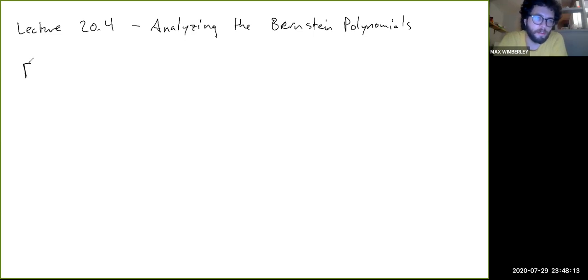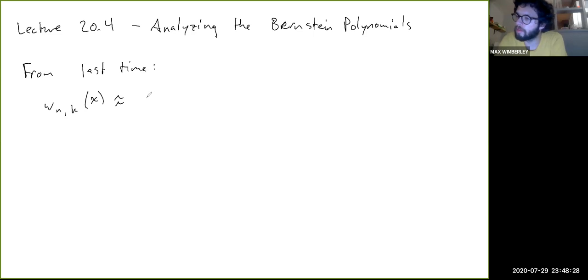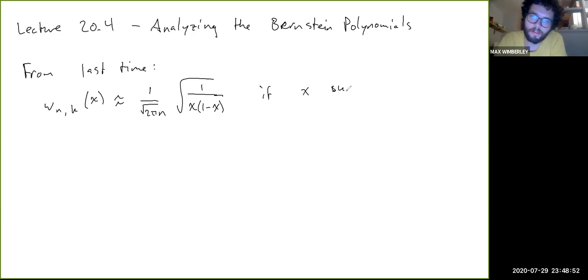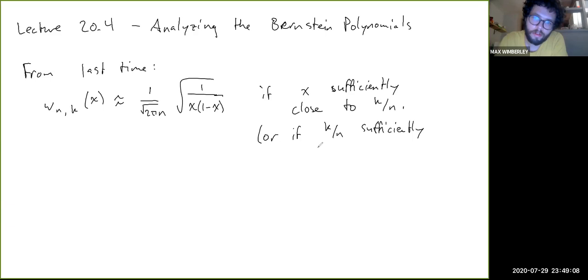If you remember, at the end of last time, we found that W_{n,k}(x) is approximately 1 over square root of 2 pi n times the square root of 1 over x(1 minus x), if x is sufficiently close to k over n, or if k over n is sufficiently close to x.